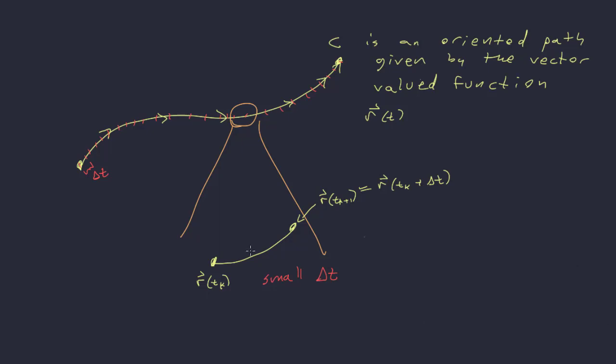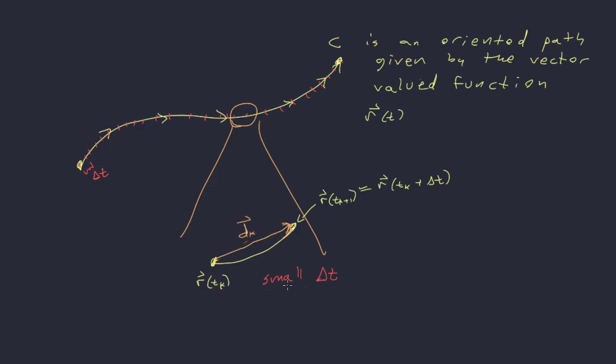Now what we can do here is take a look at the vector we get from these two points. Let's call this vector d sub k.